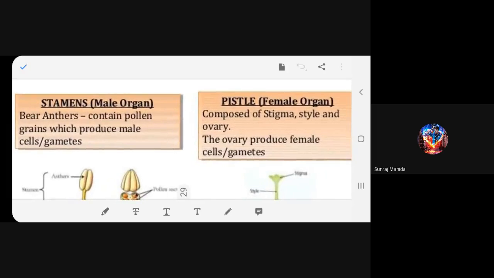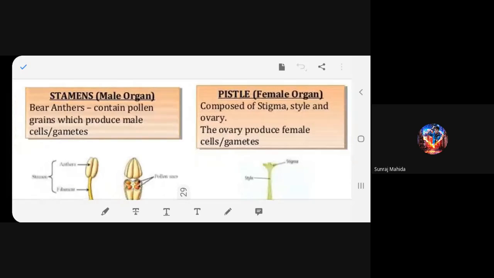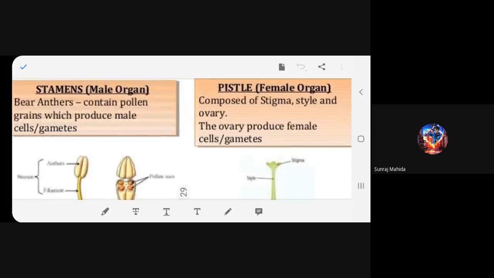Now we are going to read the male and female reproductive organs separately. Please start. First, you will do the stamens. Read, beta. Stamen, male organ, bear anthers.